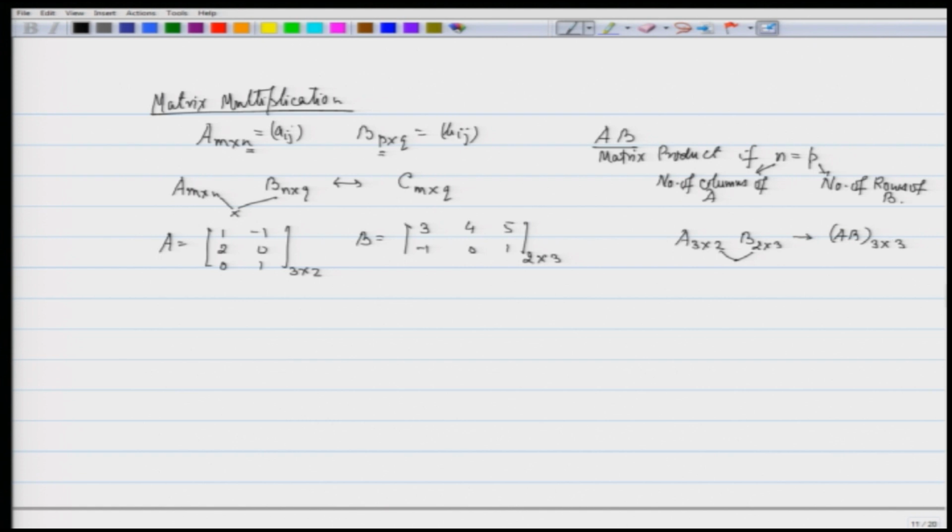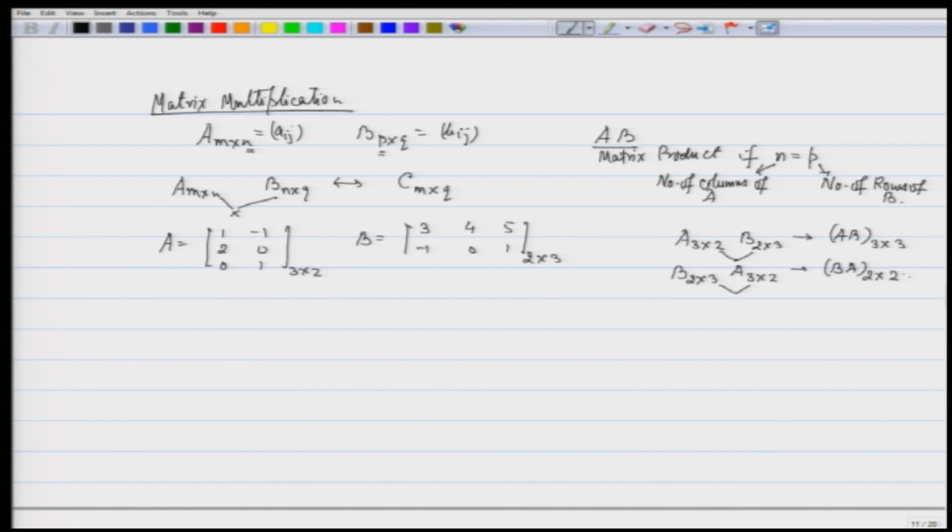Similarly, in this example B is 2 cross 3 and A is 3 cross 2. Again these 2 will cancel out, and I will get the product BA, which is of size 2 cross 2.